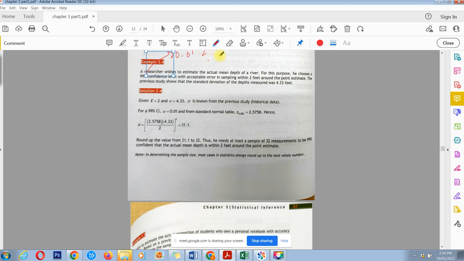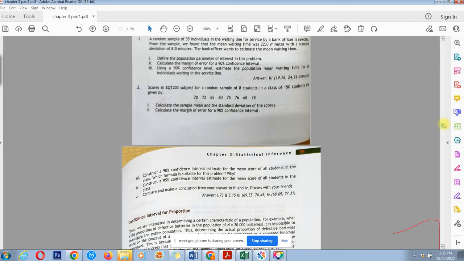We divide by 2, so 0.005. Which gives Z alpha over 2 equals 2.5758. So which formula do we want to use? We have these two formulas.